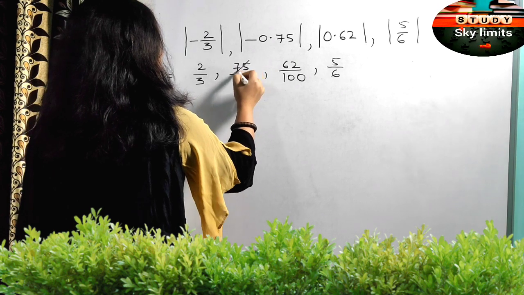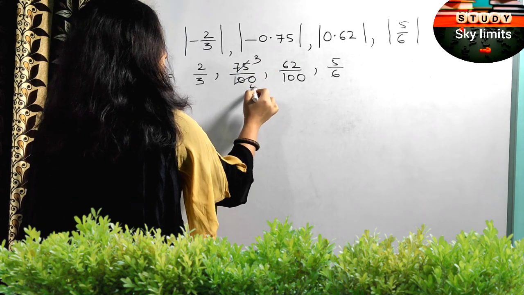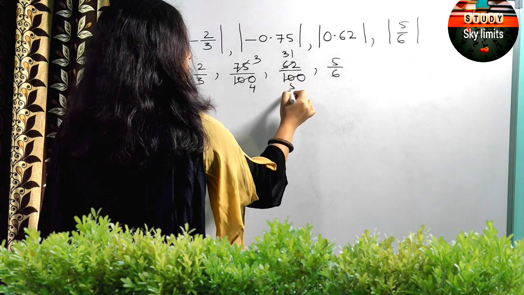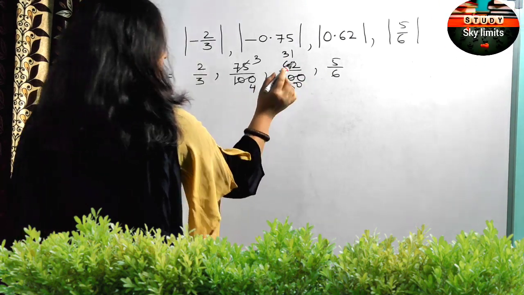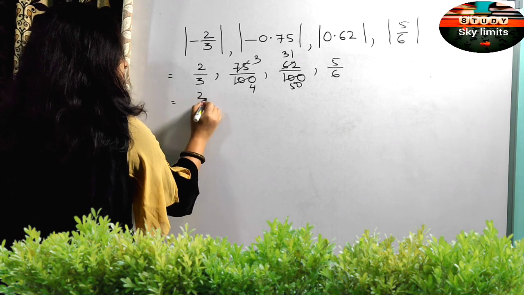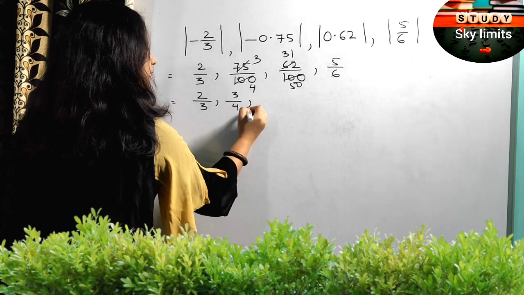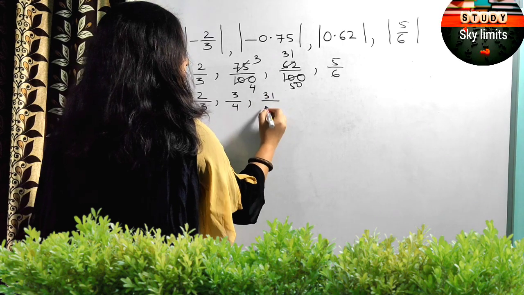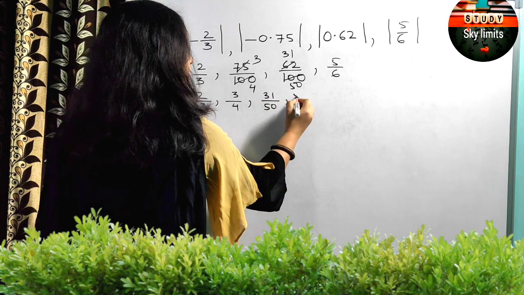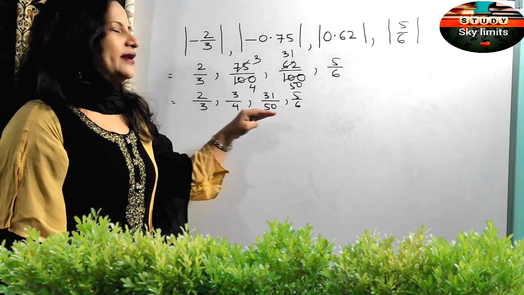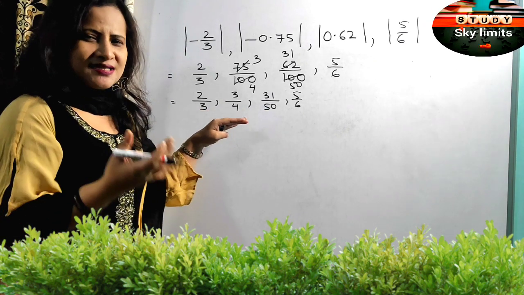So we can cancel with 25, with 2. Now let us write down 2 by 3, 3 by 4, 31 by 50, 5 by 6.